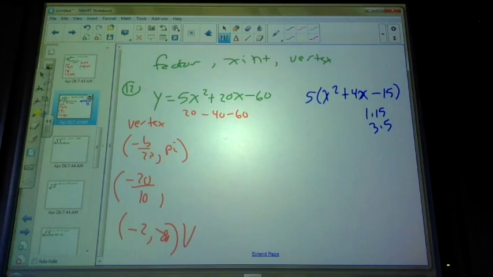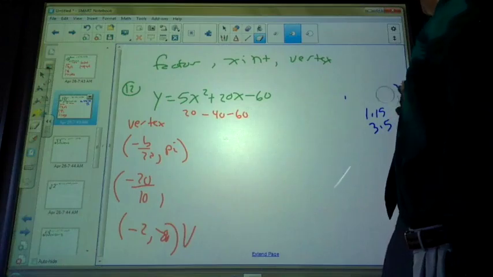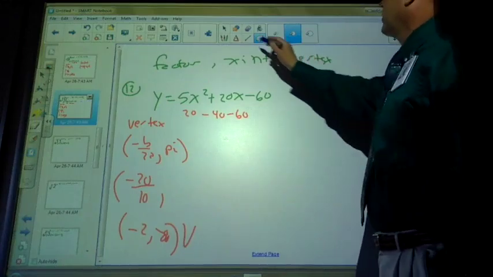It's not going to factor. How can we find where it crosses the x-axis if it doesn't factor? Oh, x equals plus or minus square root. Yeah, so that's not going to work. So we've got to go to the quadratic formula.